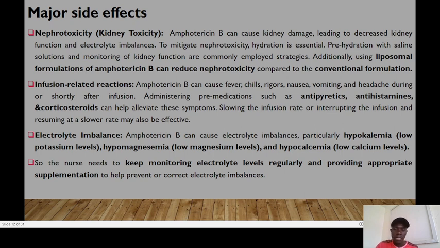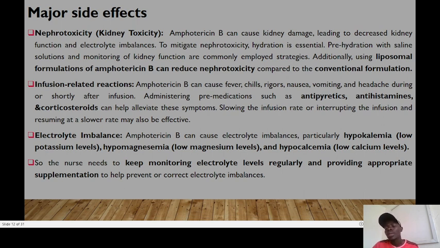Amphotericin B can also cause fevers, chills, rigors, nausea, vomiting, and headache during or shortly after infusion. We can remedy this by administering pre-medication such as antipyretics, antihistamines, and corticosteroids to alleviate these symptoms.